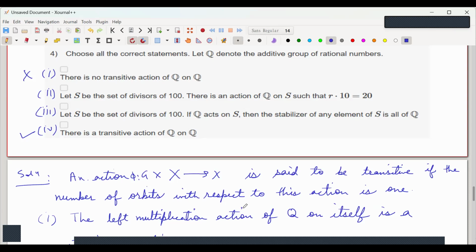So you are having a finite set, right? Now, if Q is acting on that finite set, then what kind of properties should it satisfy?